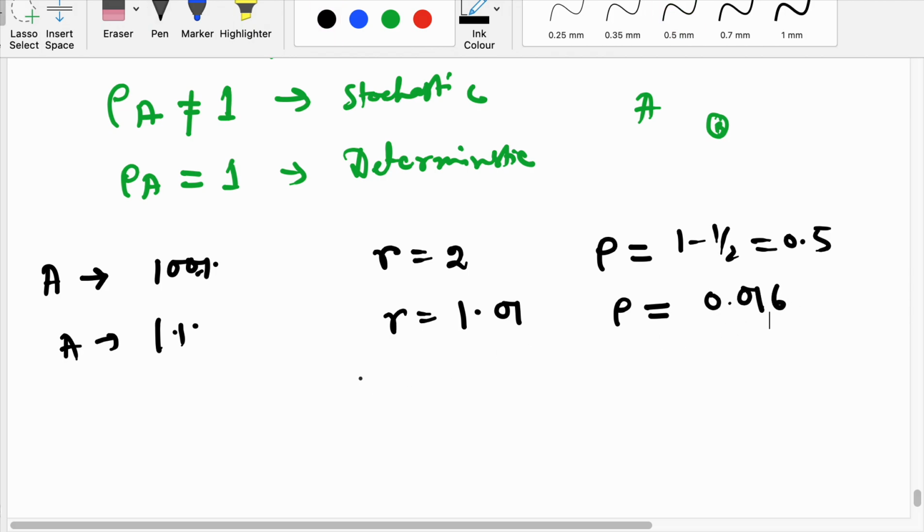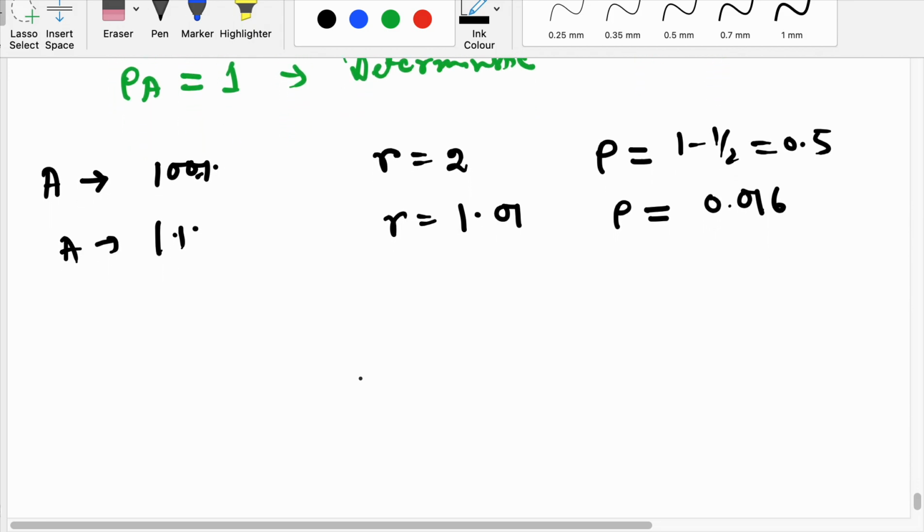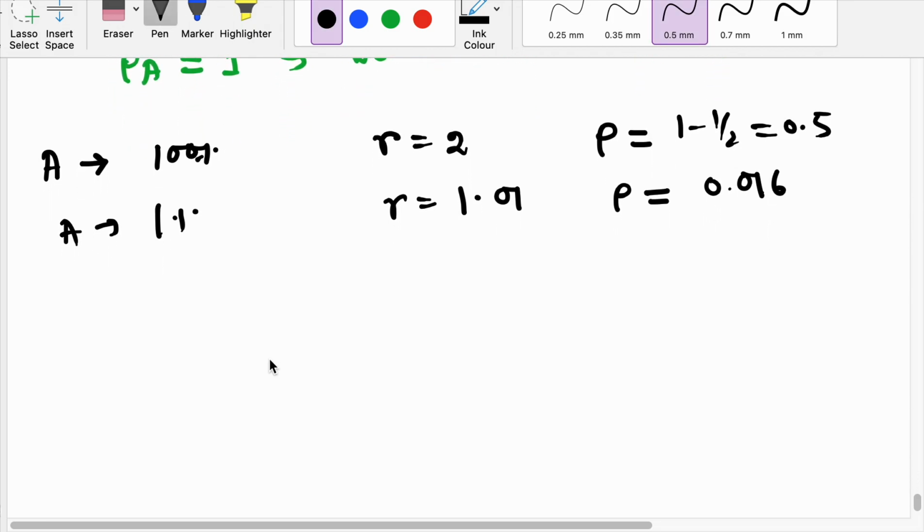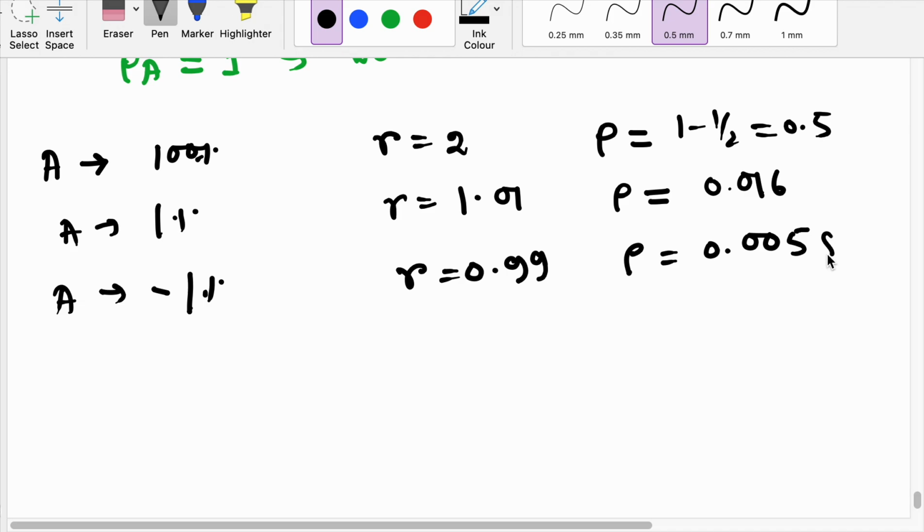In a similar manner, if it is 1% disadvantageous, then what will be the probability of fixation? Can you calculate? If it is 1% disadvantageous, that means R is 0.99. Then what will be the fixation probability? That will be rho equal to 0.0058.